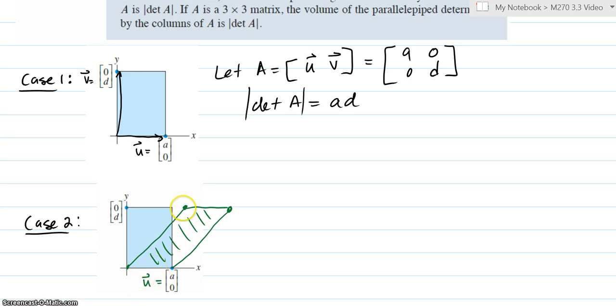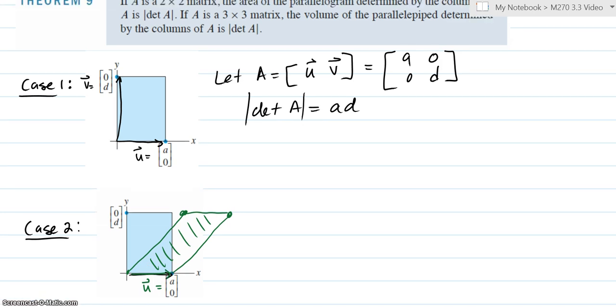Let's call this U, and then that would be this vector. Let's do it in a different color. And let's call V this vector. So this vector would still be D on the Y, right? But let's just label it C, since I don't know what that is.